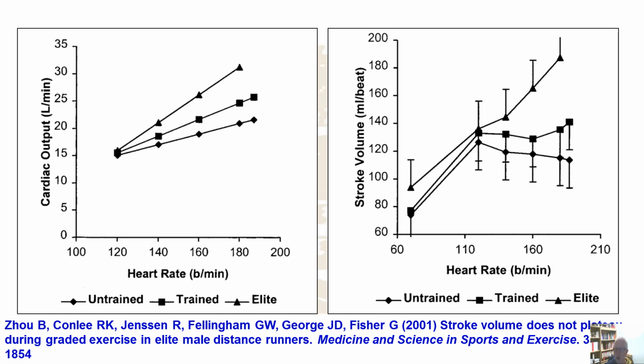But if you now go right up to max heart rate, in this instance we're getting close to about 200 beats per minute in our untrained and trained, and 180 beats per minute in our elite. The elites have around about 190 millilitres of blood per beat of the heart, compared to in the region of 120 to 140 millilitres per beat.